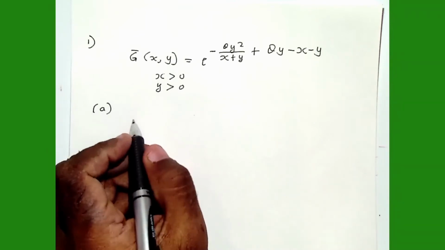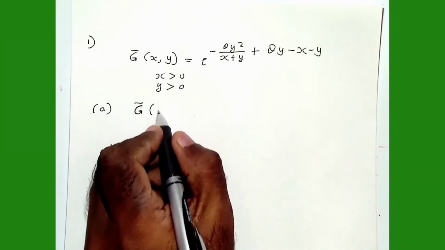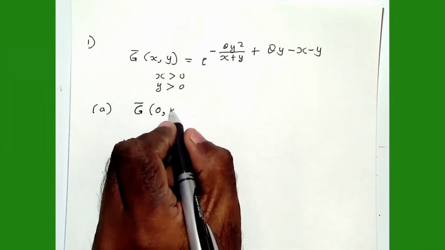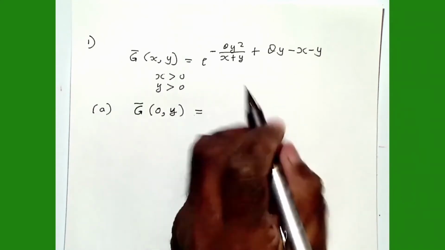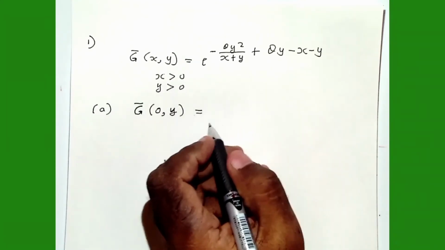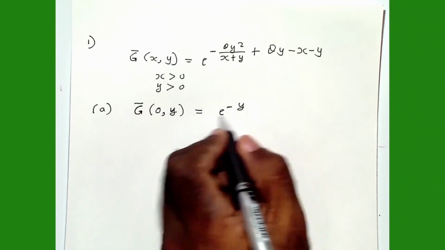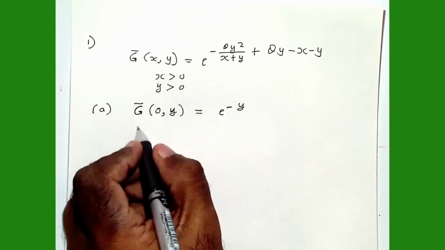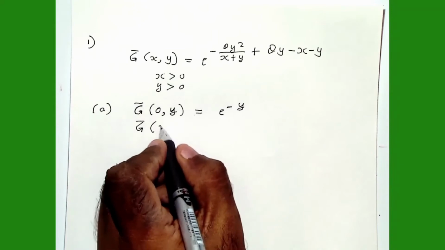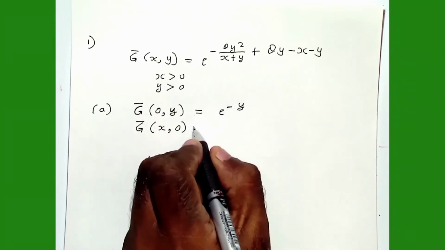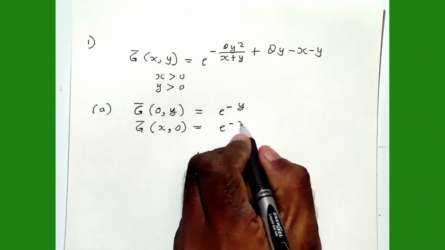To find the marginals, you put x equal to 0 first. If you put x equal to 0 into this, you will get e to the minus y. It's not difficult to see that. And if you put y equal to 0 into this, you get this.